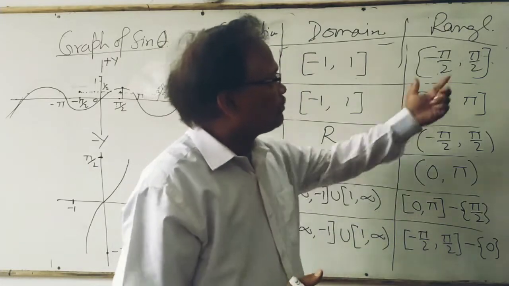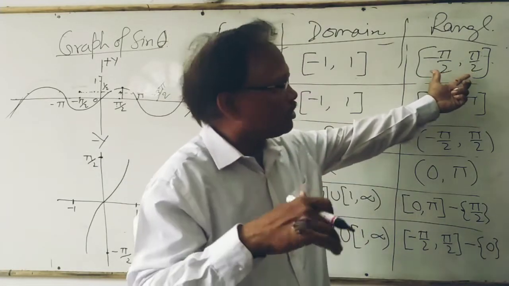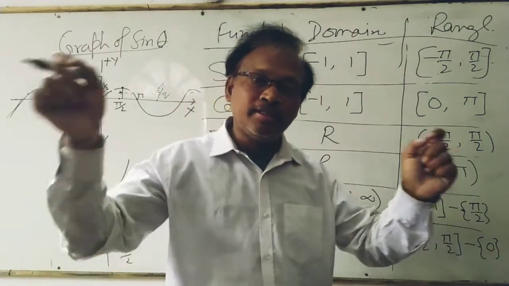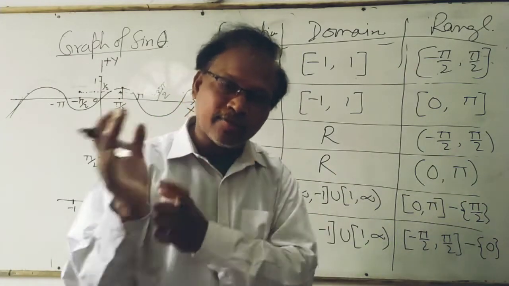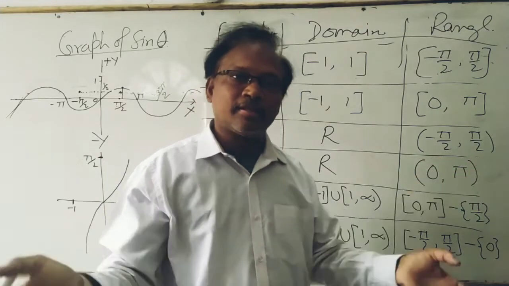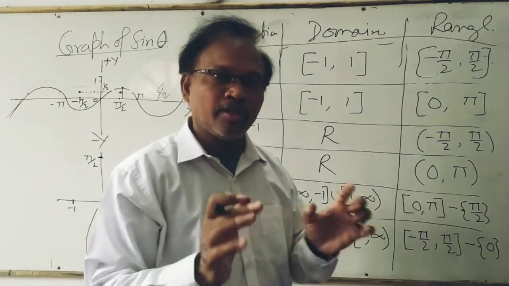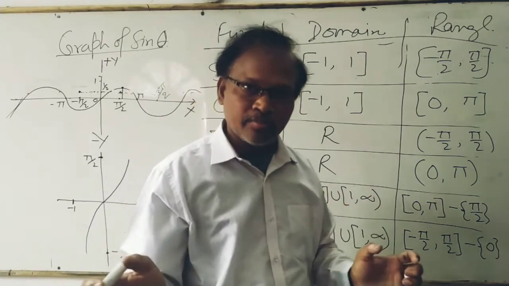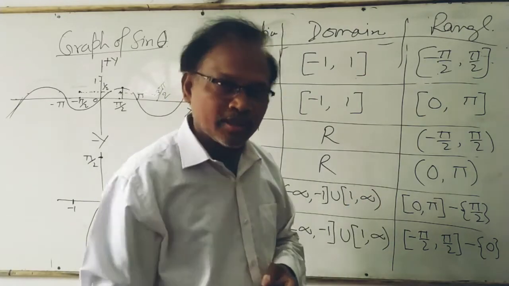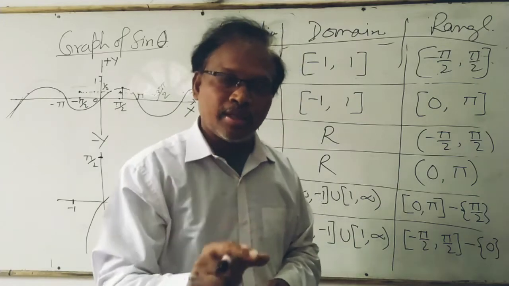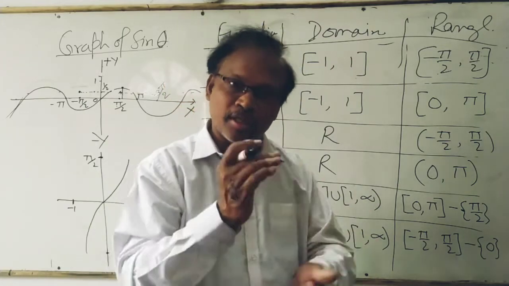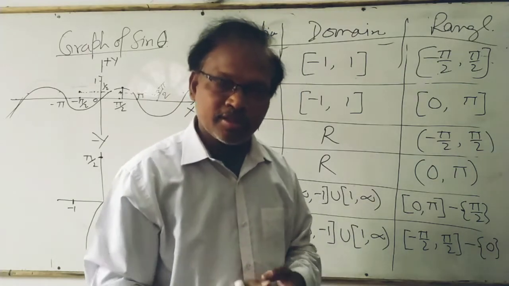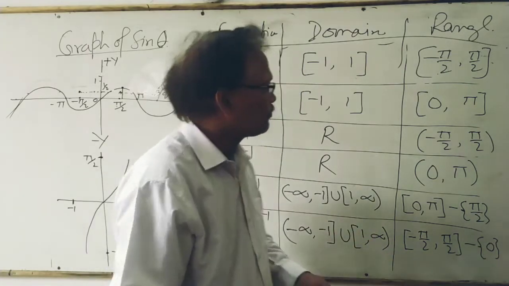If you are getting greater than pi by 2 or less than minus pi by 2, you have to change, you have to take that value inside the minus pi by 2 to pi by 2, इनके बीच में आनी चाहिए कन्वर्ट करके. इसीलिए हमने कहा ट्रिग्नोमेट्री पढ़नी बहुत जरूरी है. And that is the main thing, how to convert one angle to the other angle. जैसे pi plus theta, pi minus theta, 90 plus theta, 90 minus theta, like this.